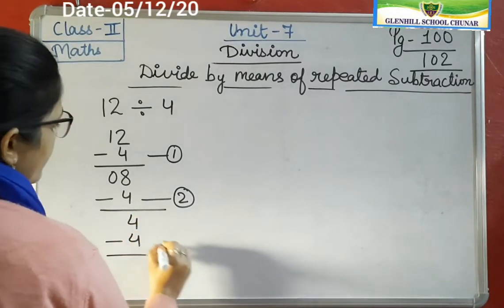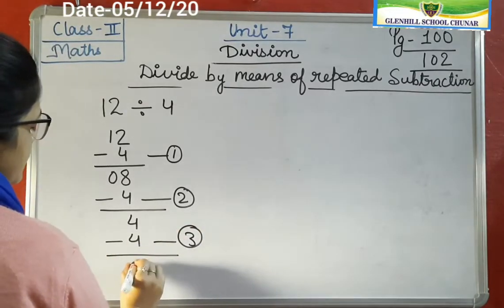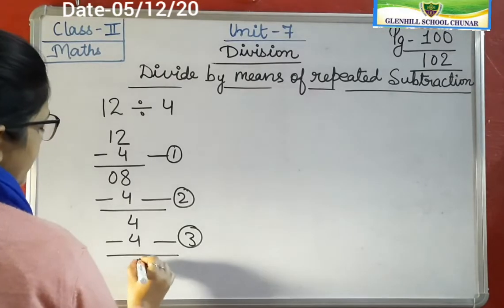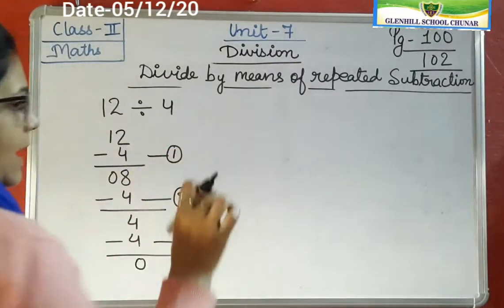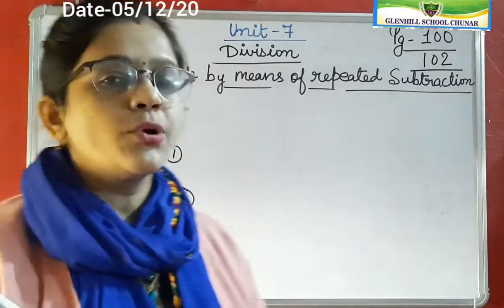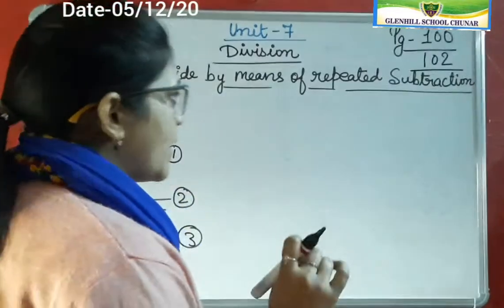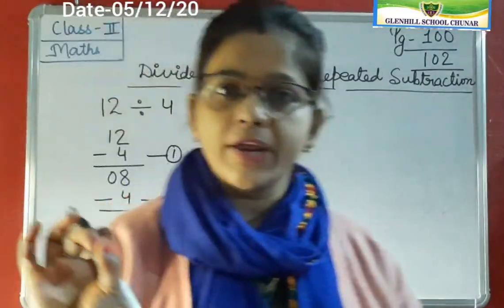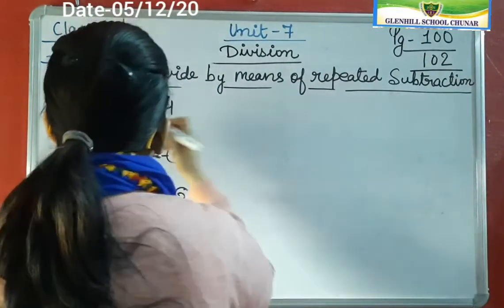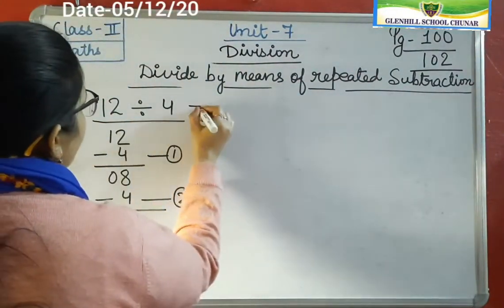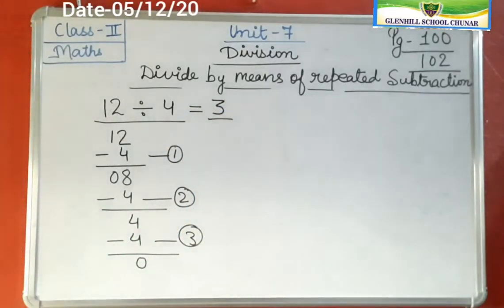Again minus 4, 3 times, it becomes 0. So 3 times 4 makes 12, in the table of 4. So here 12 divided by 4 is equal to 3, means 3 times you have done subtraction.